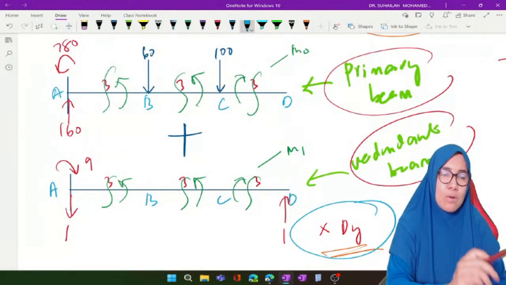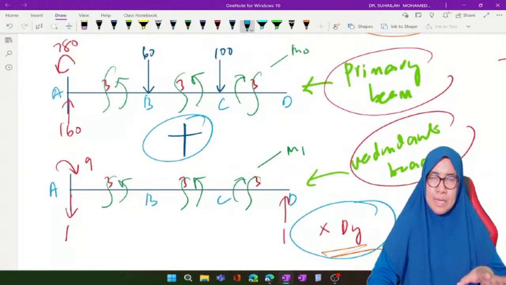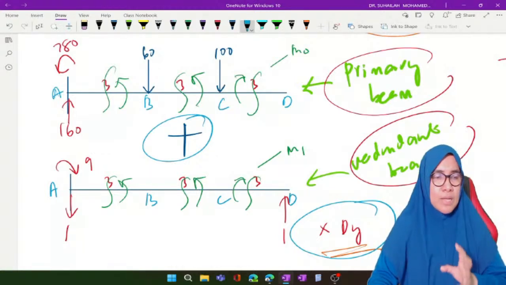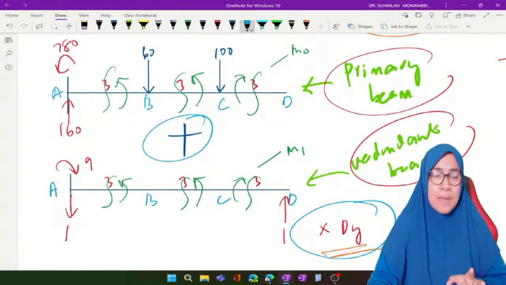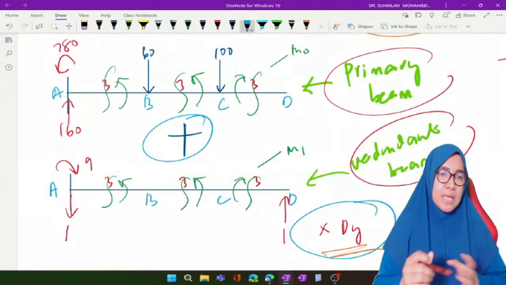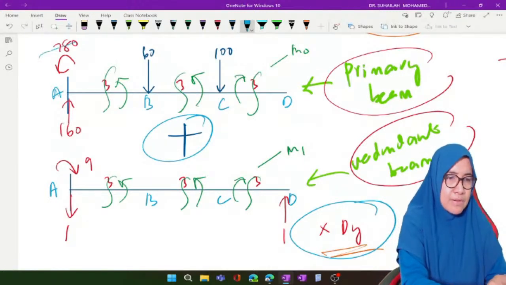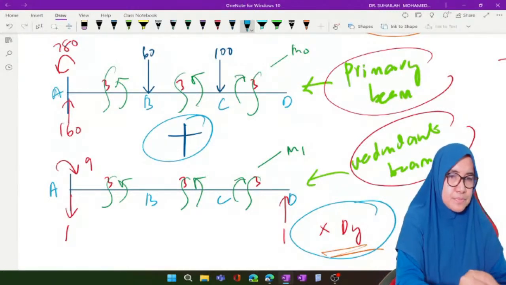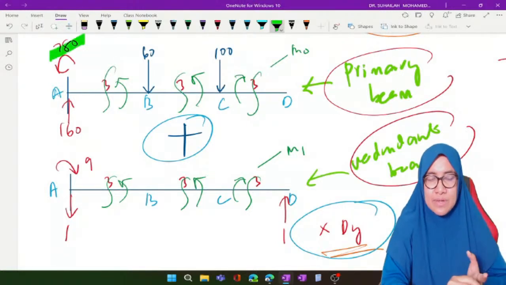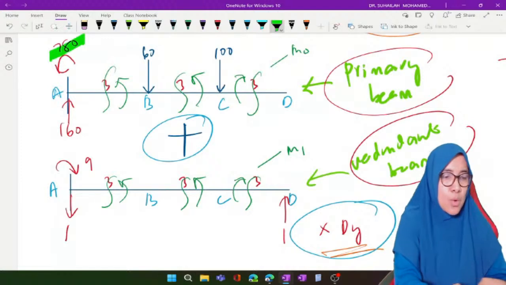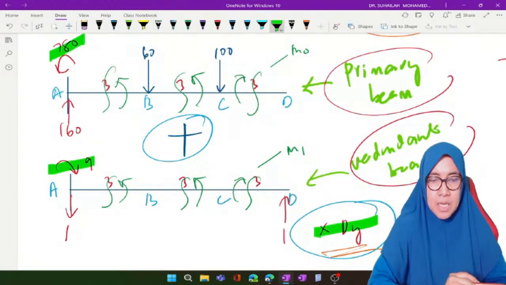So by looking at this diagram, I have put plus already. If we want to calculate MA, what we need to do is only plus this negative 780, plus positive 9 times dy.